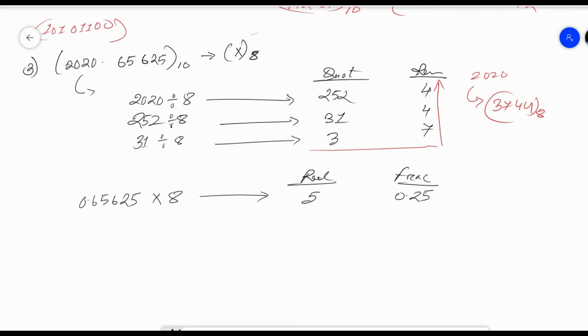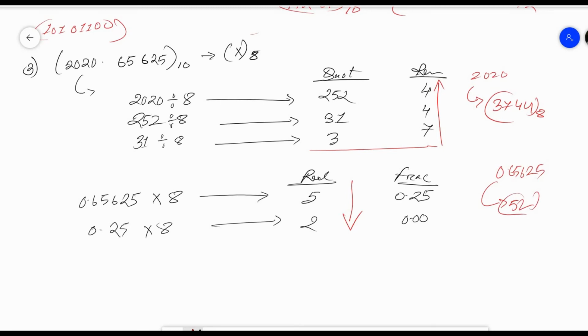Now we again take the fraction part, 0.25, and multiply it with 8, and we have 2, and here we get 0.00. So we come down, and we have 0.65625 converted to octal, which is 52.